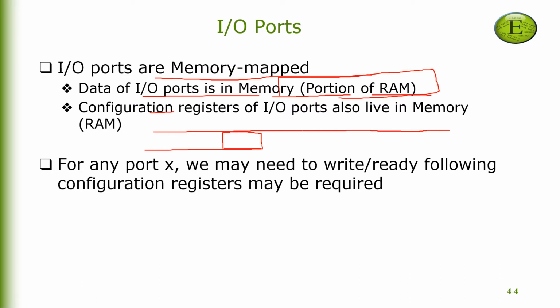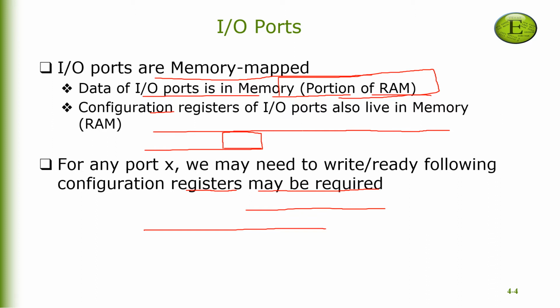In the discussion to follow, we are going to refer to some port, call it port X, and that can be port A through port F. We may need to use the following configuration registers. This discussion of the configuration registers is important because a versatile microcontroller offers a lot of functionalities.